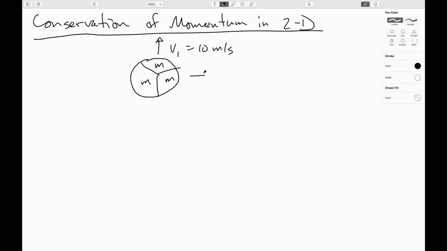And this piece here flew off at 10 meters per second straight to the right. What I'd like to know is what is the magnitude and the direction of the velocity of my third piece of plate here.